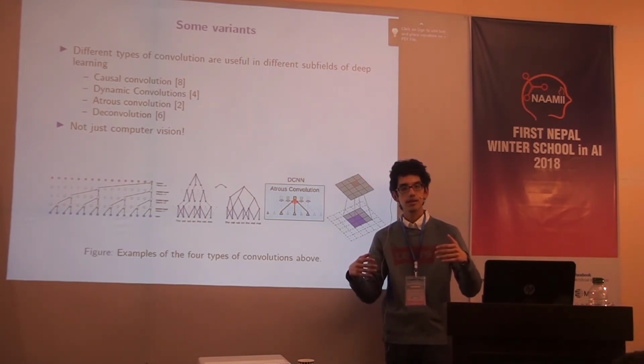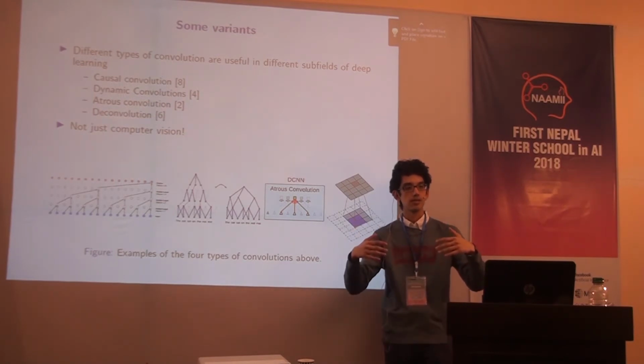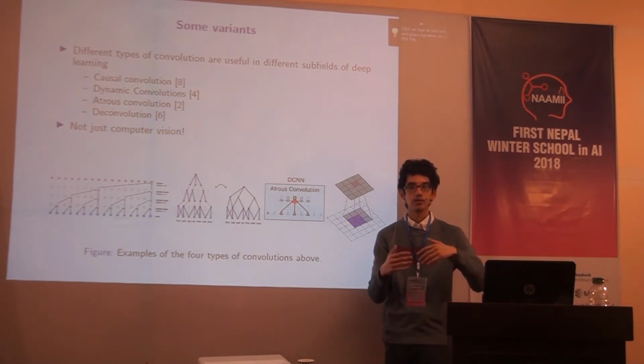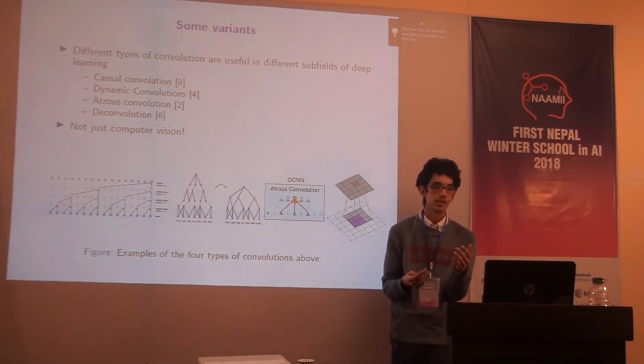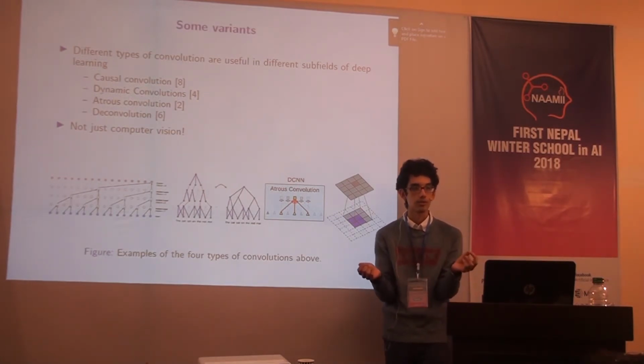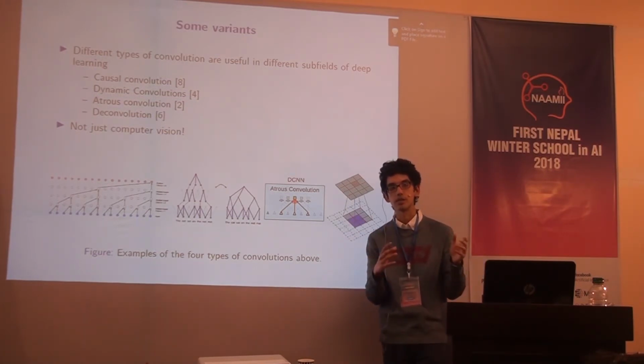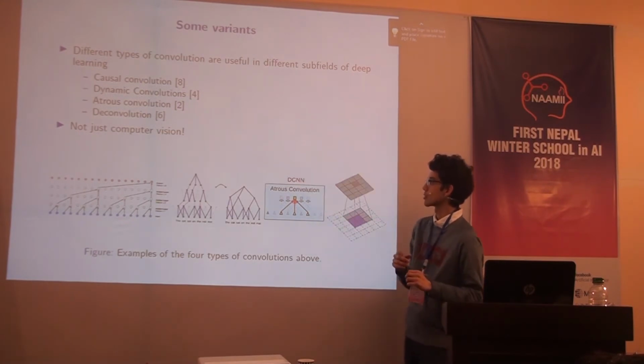This doesn't reduce the receptive field very much, but it doesn't require as many parameters as a naive convolution with that large receptive field. It's basically letting you do large patches without having to learn all the parameters for that patch. So that's the dilated convolution idea.